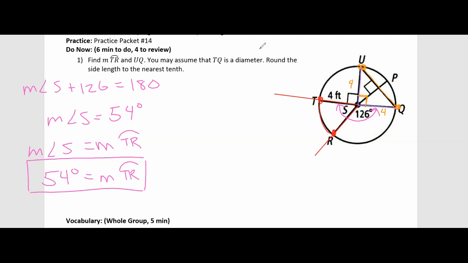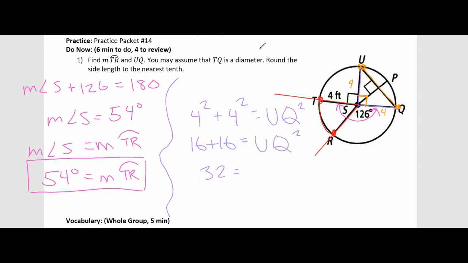Well, I can just use the Pythagorean theorem. So I can do 4 squared plus 4 squared is equal to UQ squared. I don't know why I said this was a lot tougher. It's really not. Maybe the algebra is a little bit more tough, but still just one equation. I get 16 plus 16 is equal to UQ squared. 32 is equal to UQ squared.